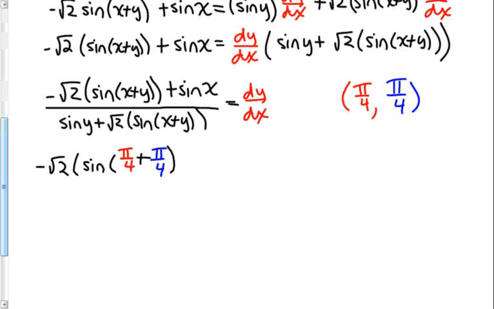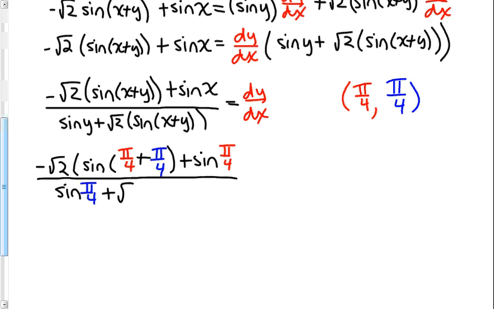And then I have plus sine of pi over 4. And this is all over sine of pi over 4 plus square root of 2 times sine of pi over 4 plus pi over 4.